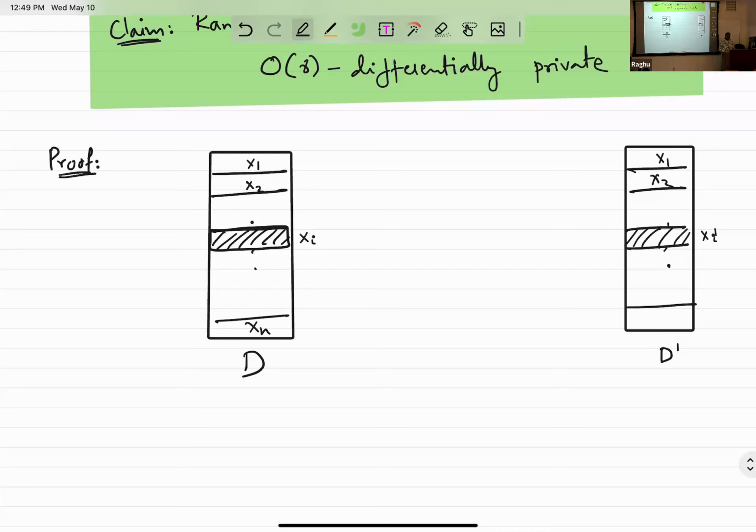Maybe in the first database, the ith coordinate is 0. In the second database, everything is the same except the ith coordinate is 1. And what does the mechanism do? It transforms this into x1 prime.